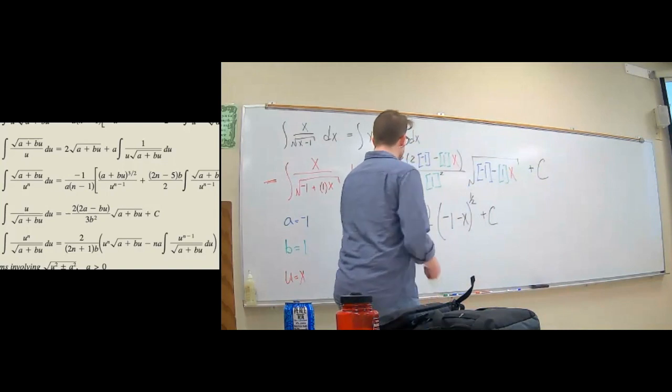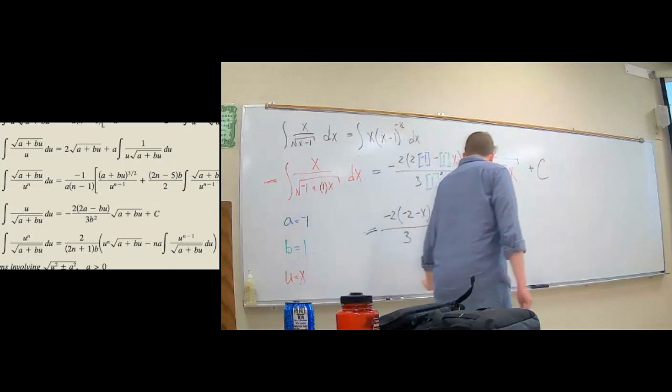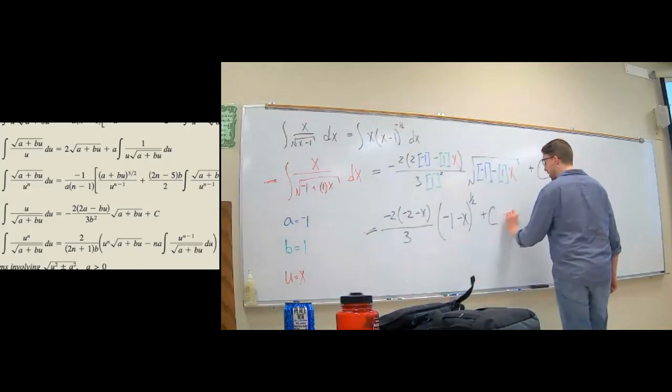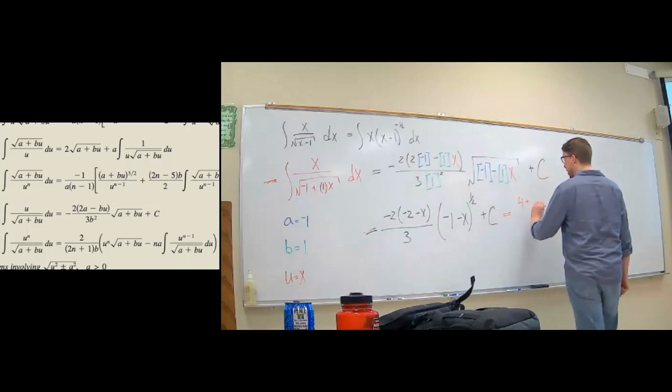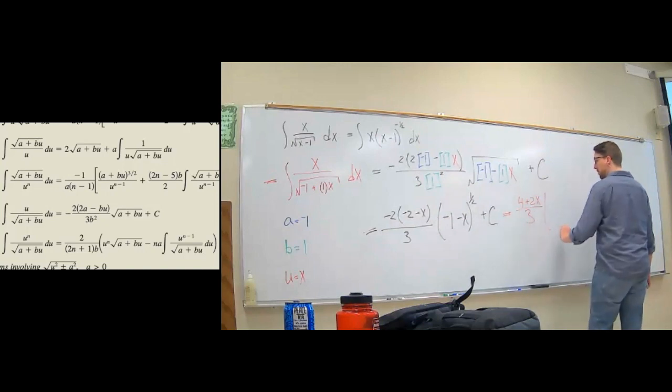Now we can simplify this even further by distributing that -2 through to get, this whole thing comes out to be 4 minus or plus 2x divided by 3 times -1 minus x raised to the 1/2 power plus a constant.